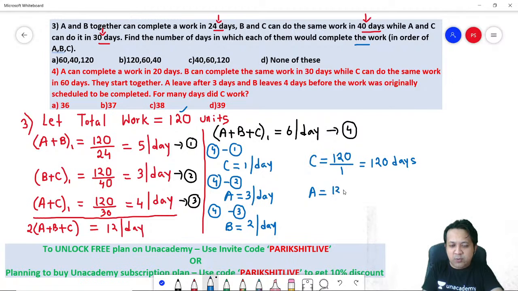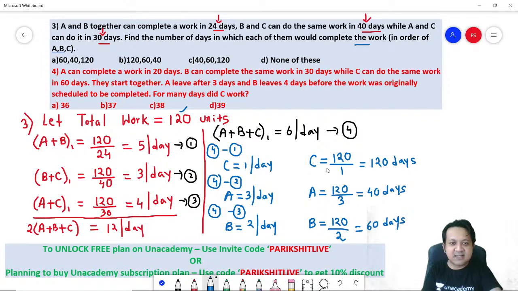Total work is 120 units and A does 3 units per day. So can I say A will take 40 days? What about B? Total work is 120 units and B does 2 units per day. So B would take 60 days. That's your answer. 40, 60 and 120, which is option C.